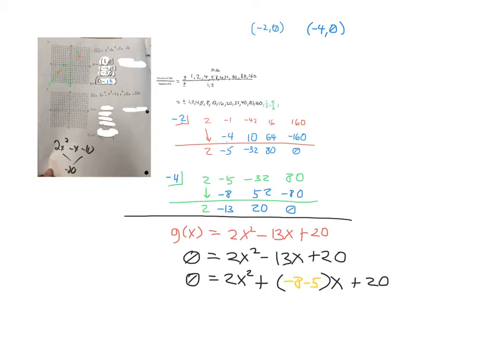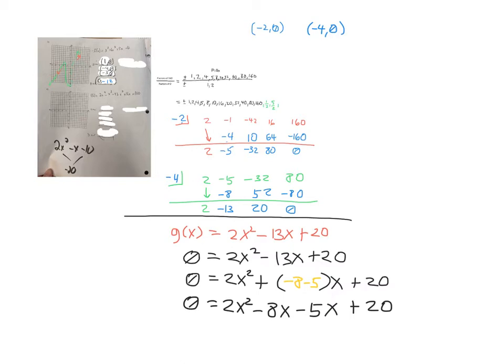Then you distribute the x to each of these. So this is going to become 0 equals 2x squared minus 8x minus 5x plus 20.